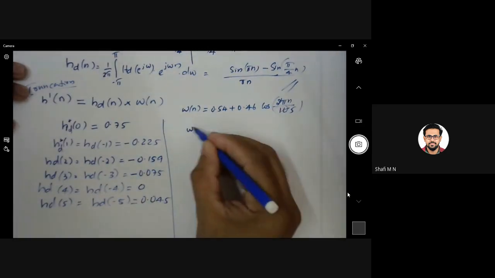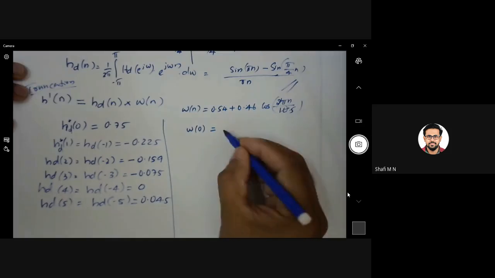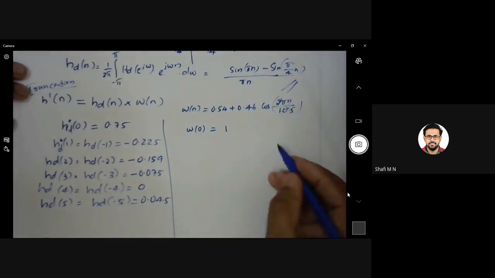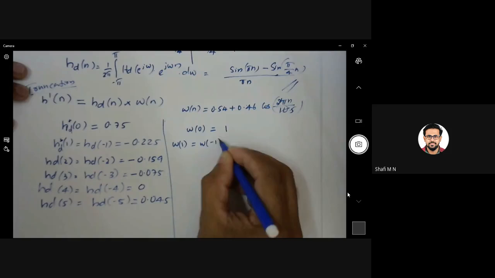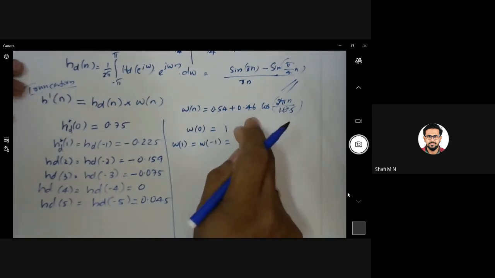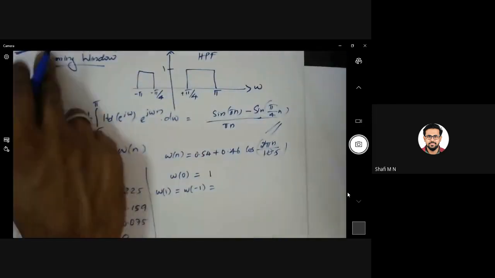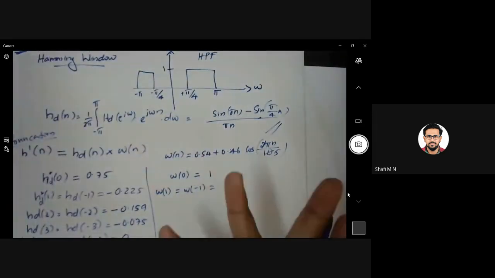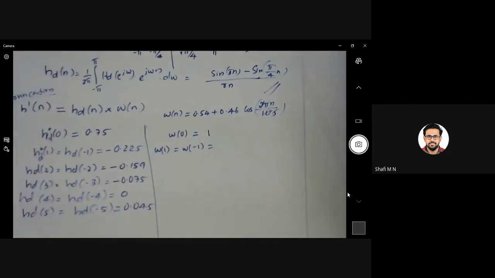Substituting n equal to 0, you will get w of 0. Cos 0 is 1. This plus this will be 1. Now you find w of 1 equal to w of minus 1. Yesterday we found those values for the Hanning window, and today the question is for the Hamming window. You just changed the window, that's all. So just find all the window function values.